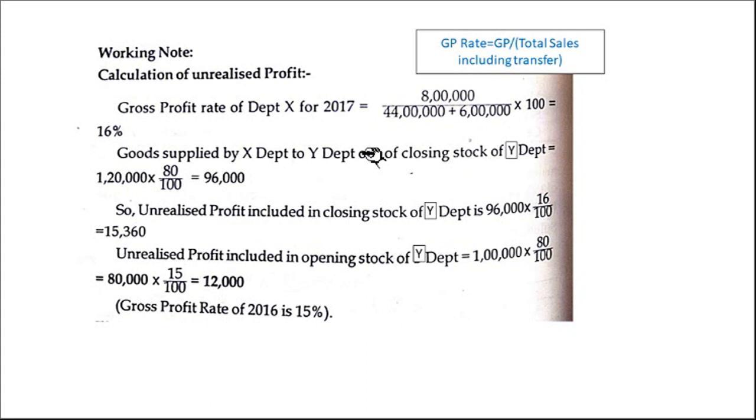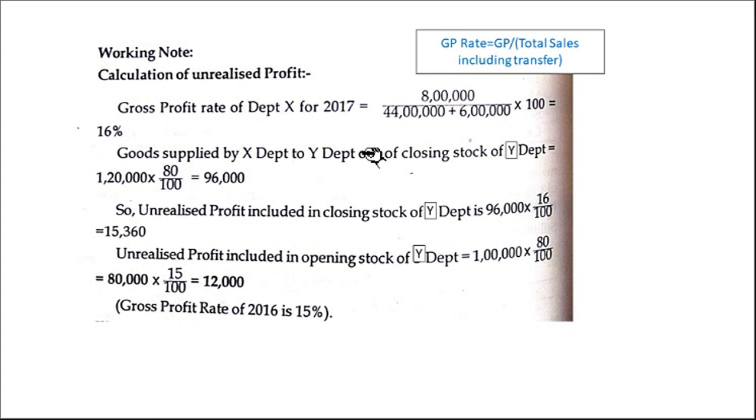Okay, we sold it for 12 rupees. So selling price is 12. Now, what is unrealized profit? Profit of 2 rupees is included, right? But we are writing the opening stock as well as closing stock at its cost value. So whatever profit is included in that, we should eliminate that.